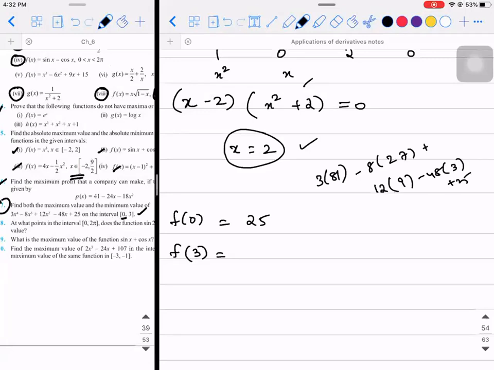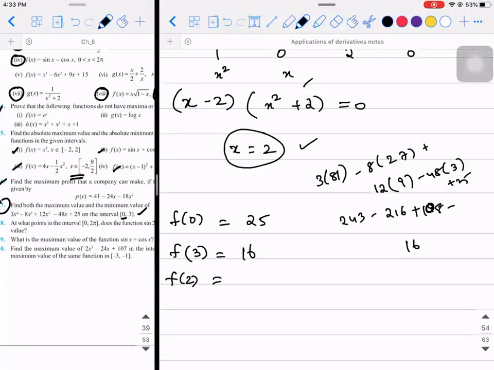So 243 minus 216, and 12 nines is 108. So the total is coming out as 16. Yes, f of 3 is 16.